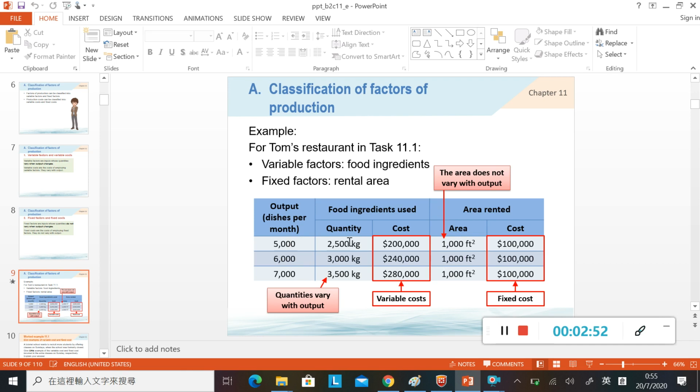So in this example, okay, the food ingredients would be the variable factors because when the output increase, the food ingredient also increase. Okay, when the output increased from 5,000 to 6,000, the quantity of food ingredient increased from 2,500 to 3,000.